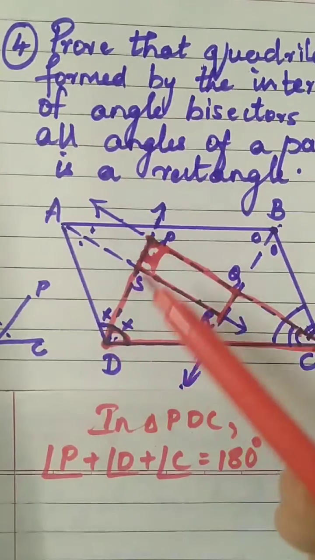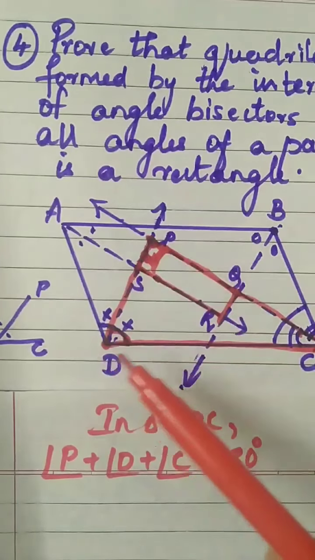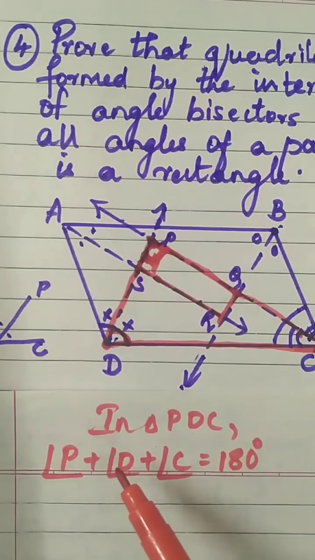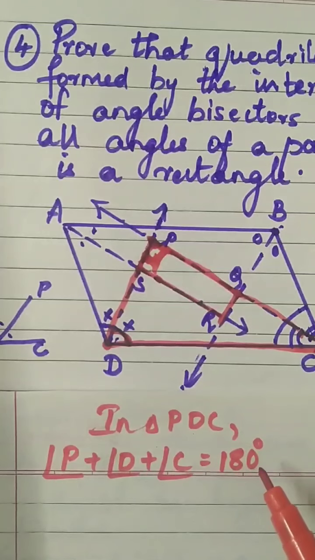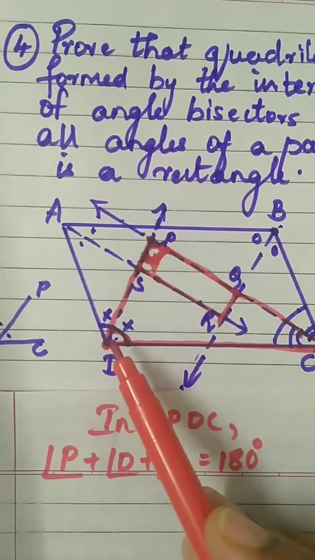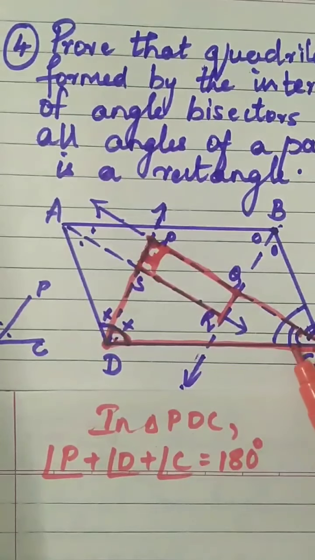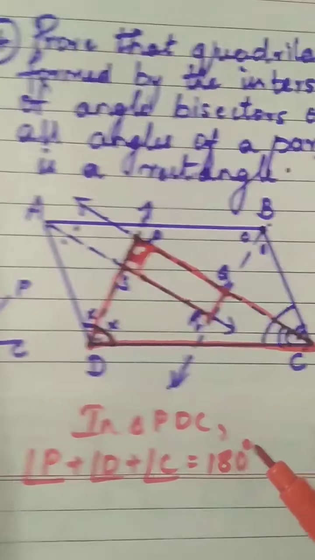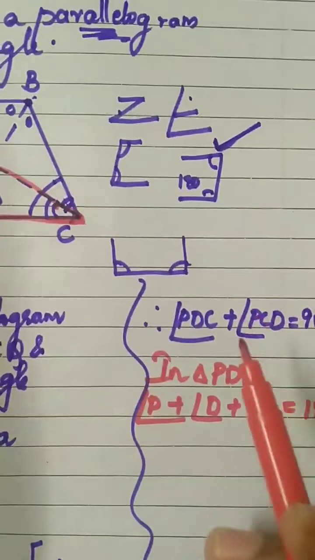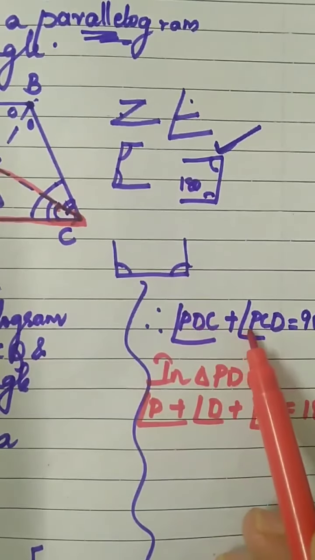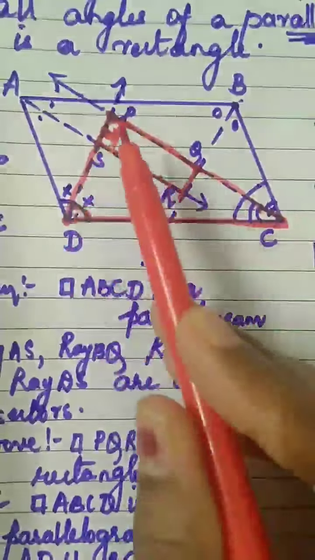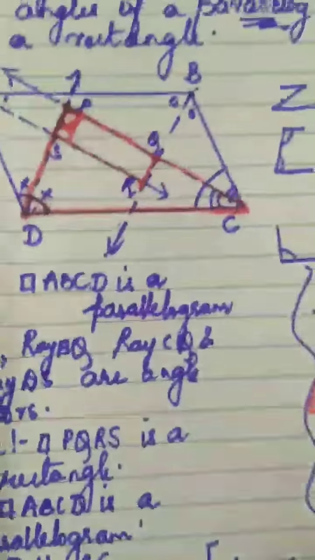I have highlighted this triangle, that is PDC. Now out of this, we already got angle D plus angle C is 90 degrees. Just once again I'll show you. See here we had got it, no? Angle D plus angle C is 90 degrees, PDC and PCD is 90 degrees.